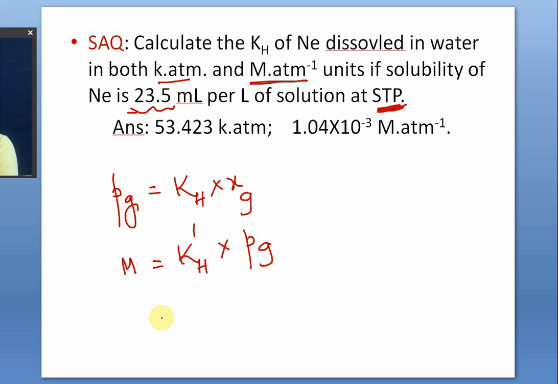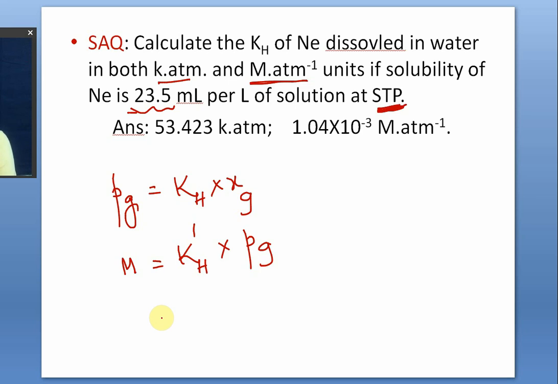But here there is a problem. If at STP it is indirectly telling that the pressure is 1 atmosphere, but if you take all other gases like nitrogen, oxygen, carbon dioxide and other things, the neon will be a very small fraction of the atmosphere.